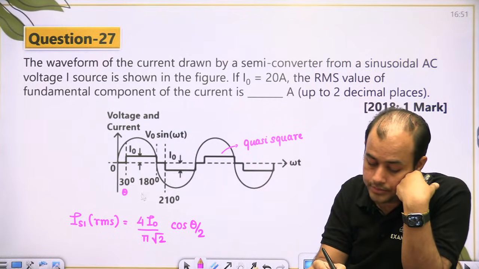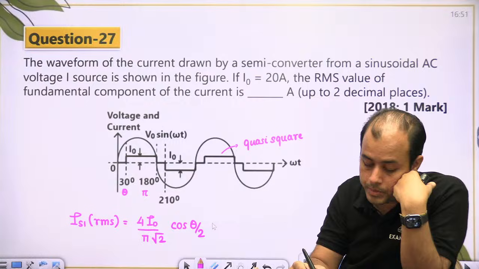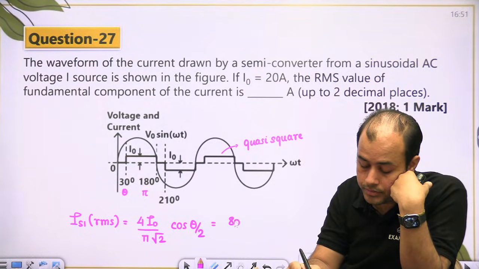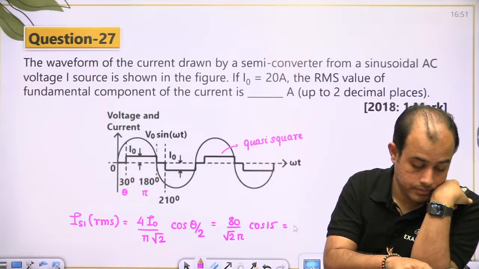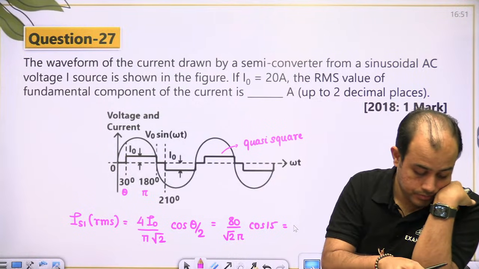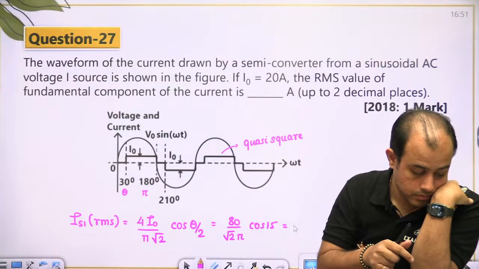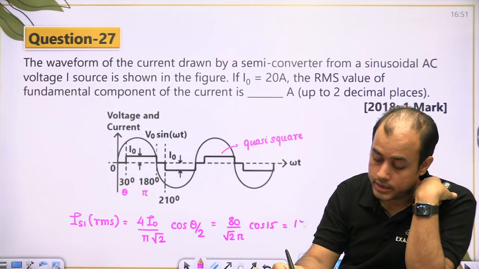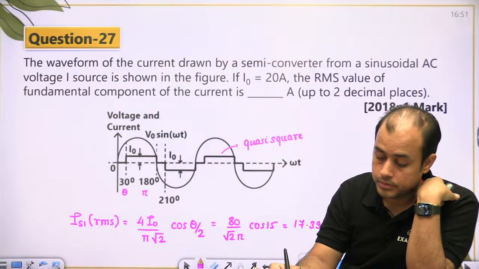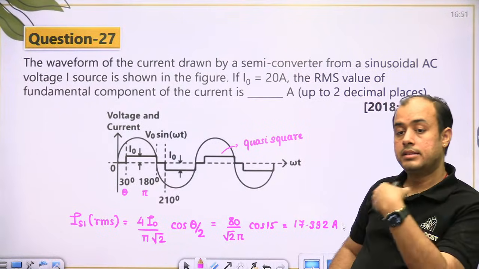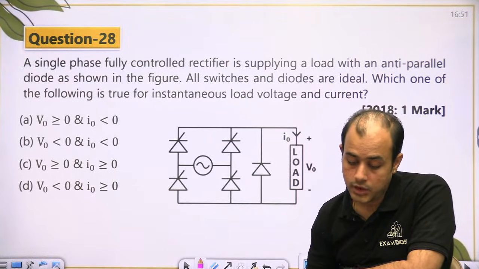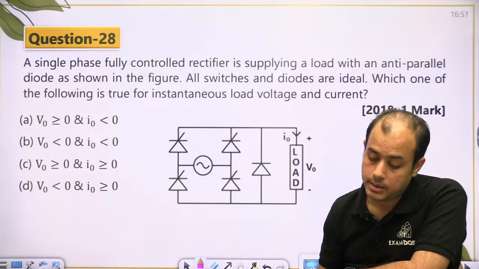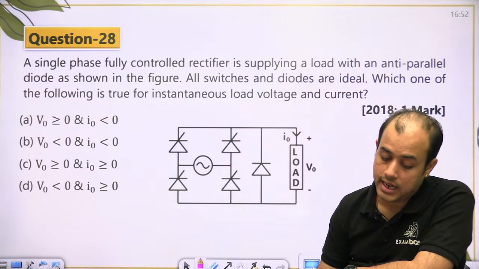This is theta. It is going from theta to pi, so cos θ/2. 17.392 ampere. Very good.